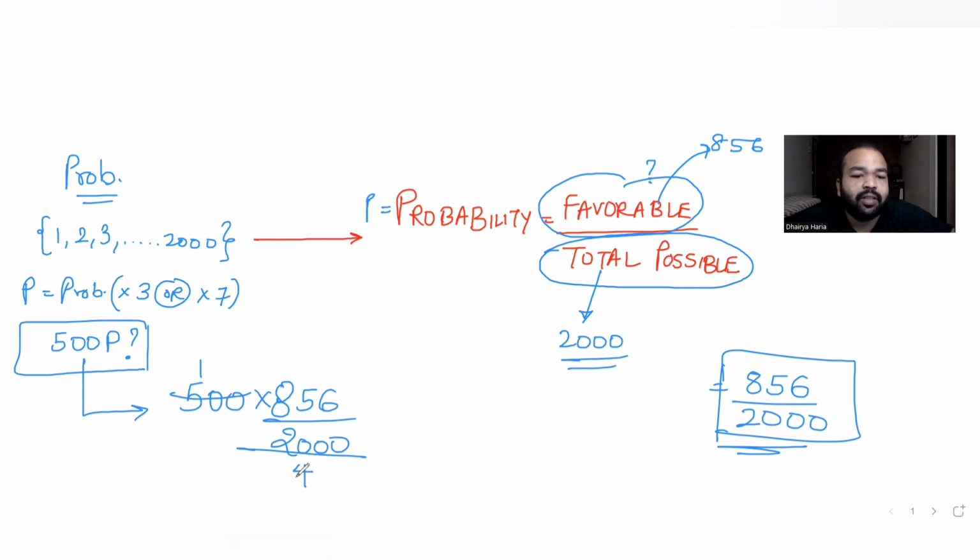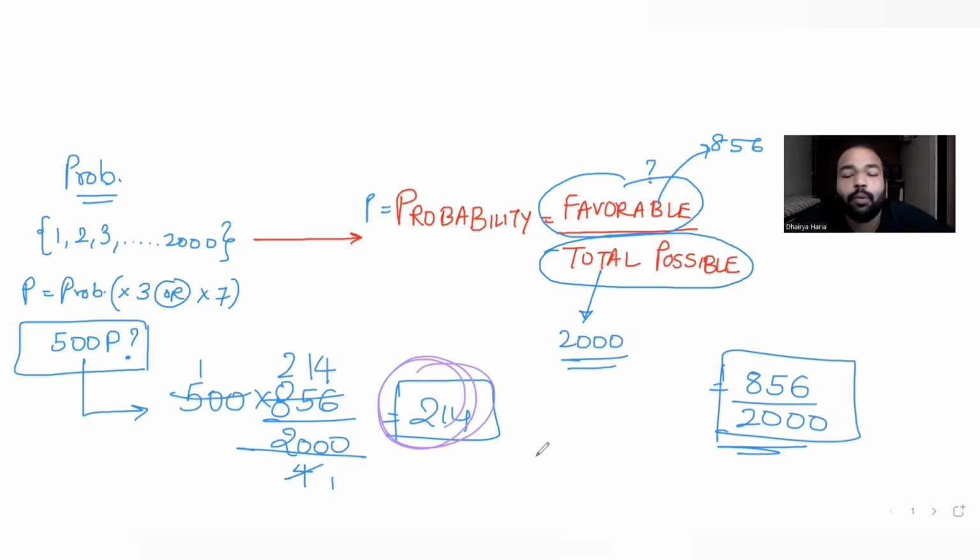If I cancel, 4 twos are 8, 4 ones are 4, so that gives me 214. So the answer for the question asked, the value of 500P, is 214. And looking at the options, the correct answer is B.